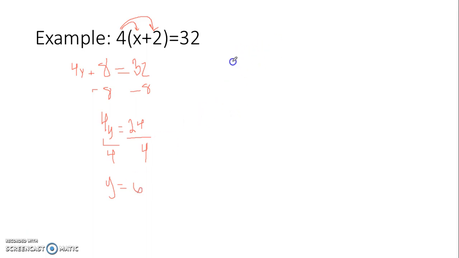So we want to check our work just to make sure that we're doing okay. Plug in that 6 to y. 4 times 6 plus 8 is equal to 32.